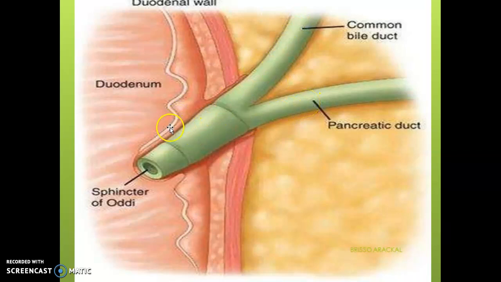It opens into this area, the duodenal papilla, and there is a sphincter called the sphincter of Oddi.